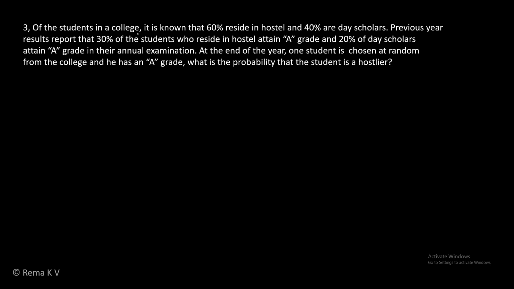Of the students in a college, it is known that 60% reside in hostel and 40% are day scholars. Previous year results report that 30% of the students who reside in hostel attain A grade and 20% of day scholars attain A grade in their annual examination.